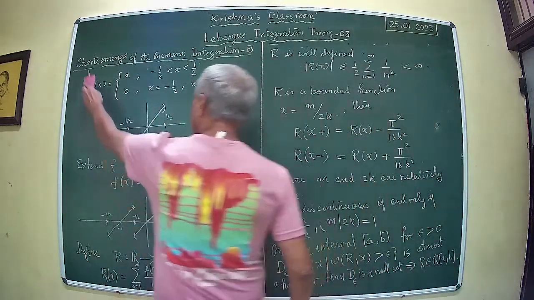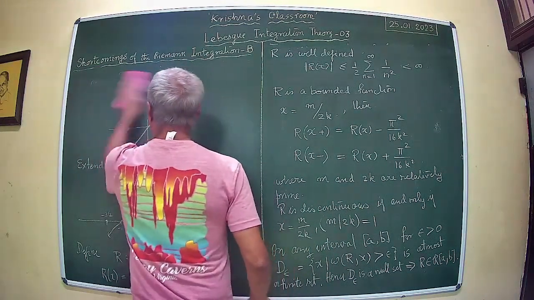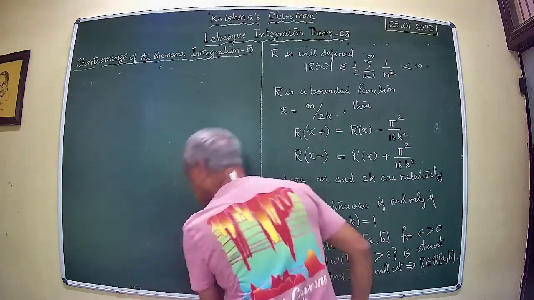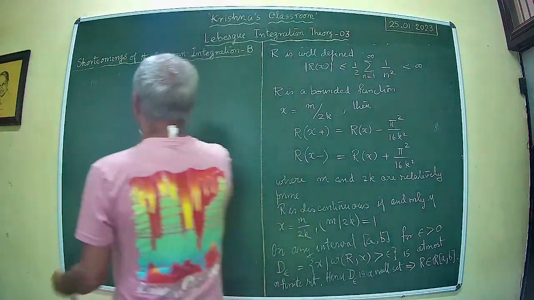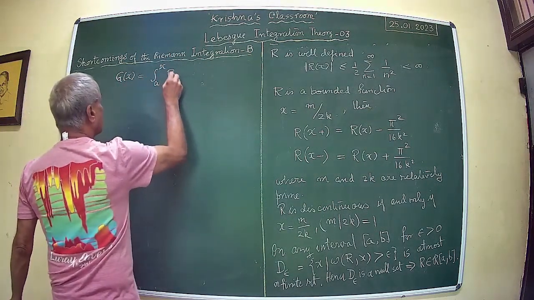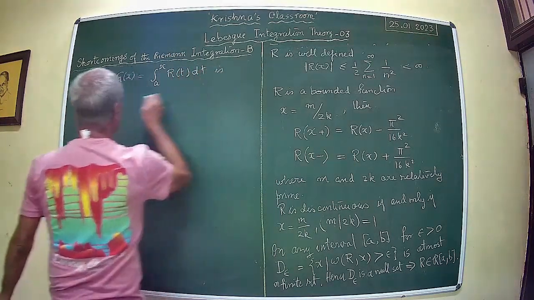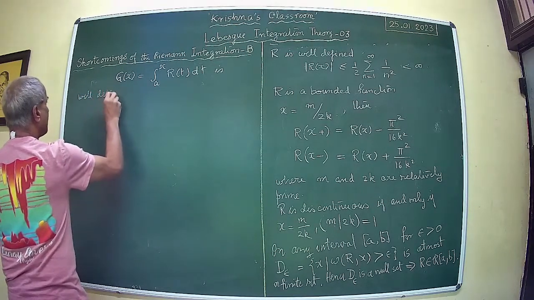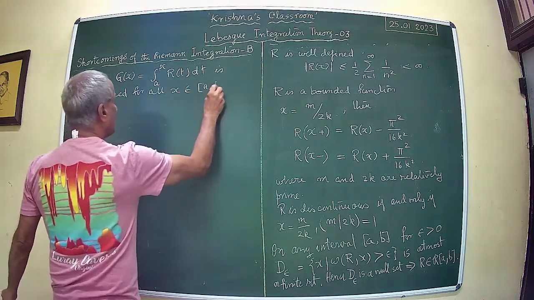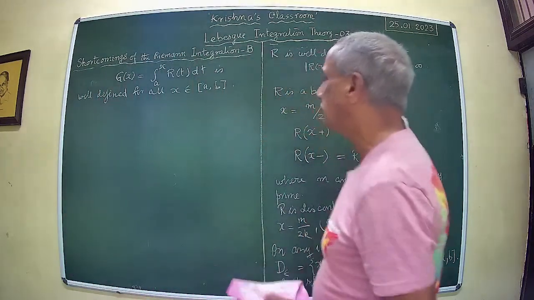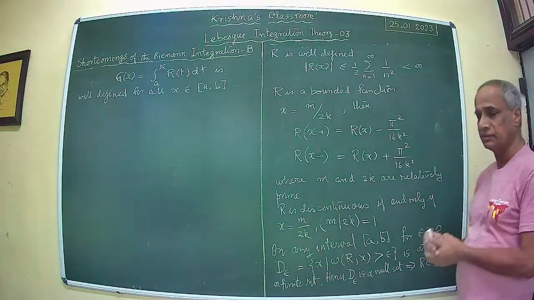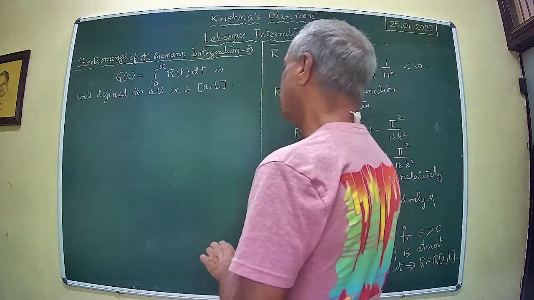And therefore, for this function, g of x equal to the integral from a to x of R of t dt is well defined, in spite of the fact that R has discontinuities at a countable number of points, and it's a Riemann integral.